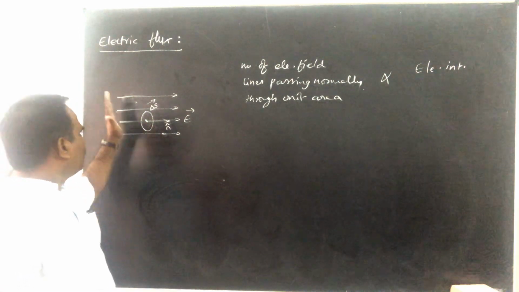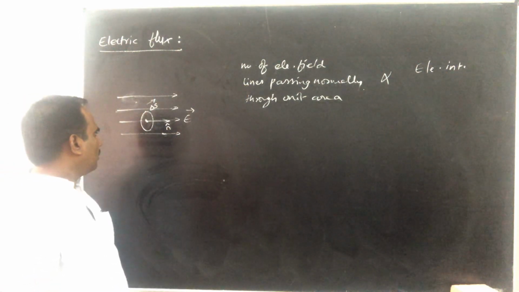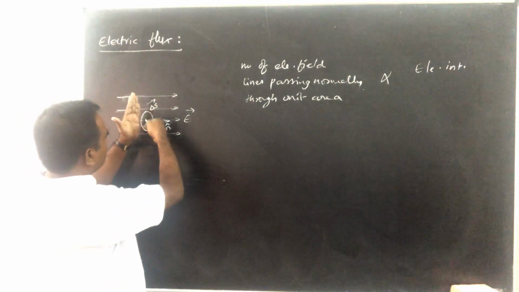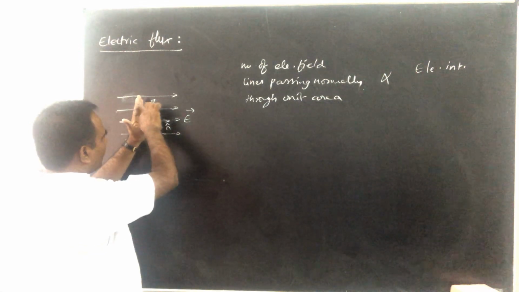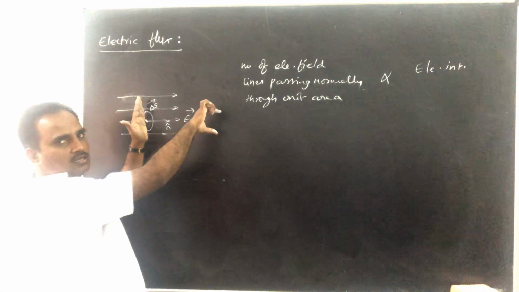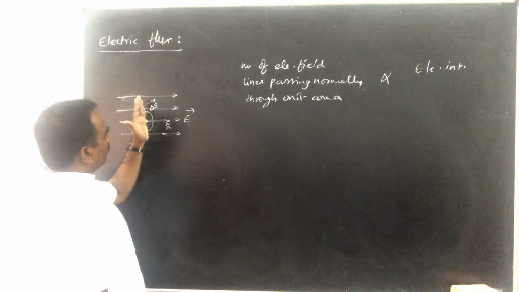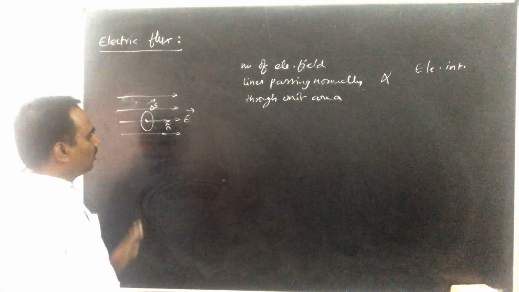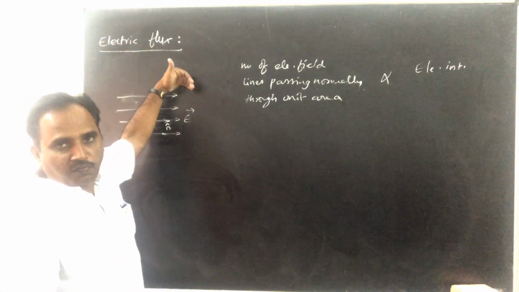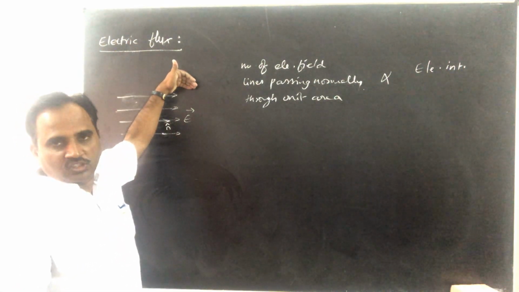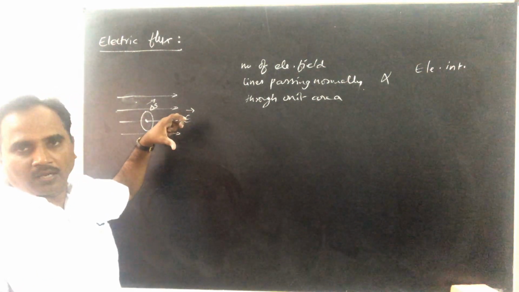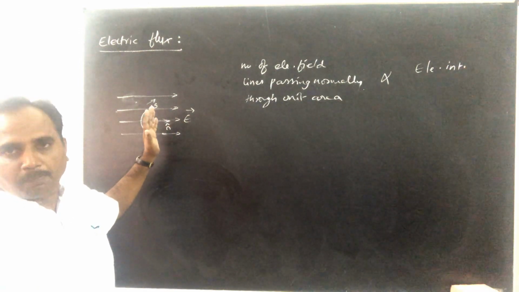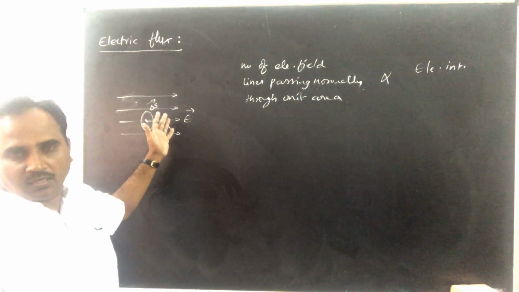So if there is an electric field in this direction, perpendicular to this area, and you consider some area perpendicular to this electric field, there is an electric field passing through this area. This flow of electric field passing through this area is represented as electric flux. So electric flux is the amount of electric field passing normally through the area.